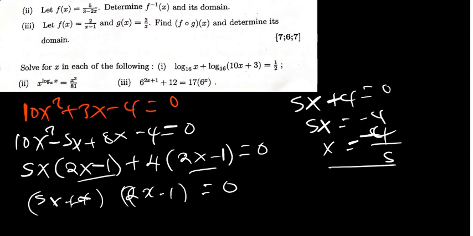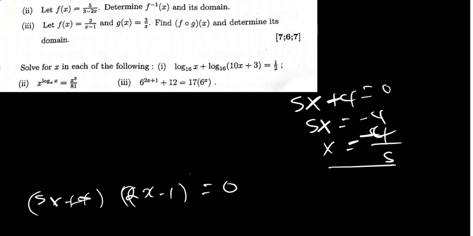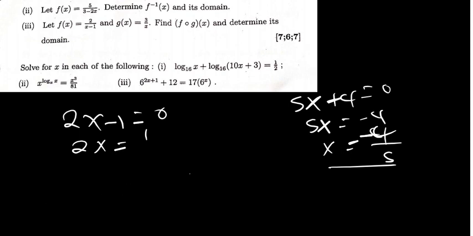Then we come now to 2x minus 1 is equal to 0. 2x is equal to 1, so x is equal to half.